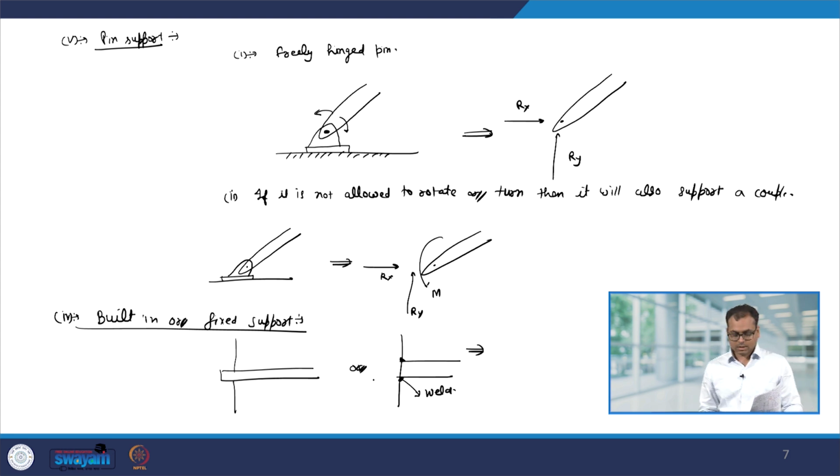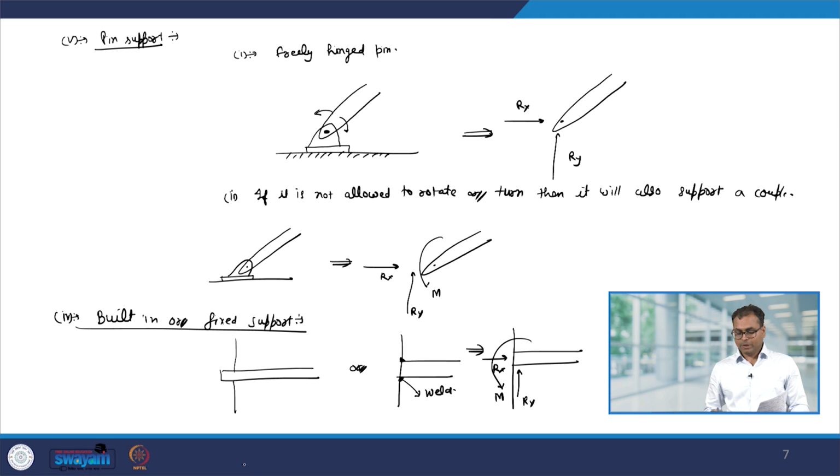In both the cases, this beam is not allowed to move and not allowed to rotate. Therefore, we will have the support reactions Ry and Rx, and also a couple M.